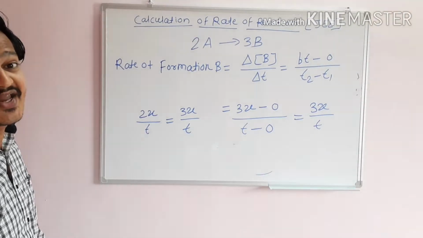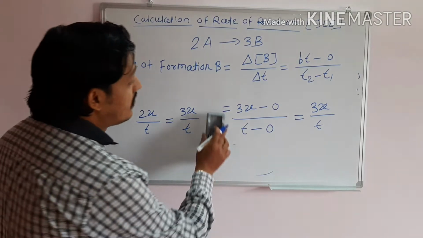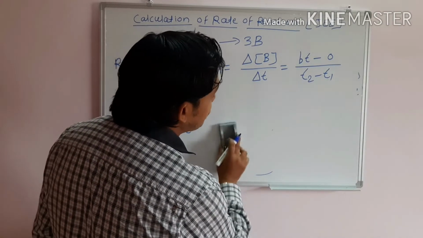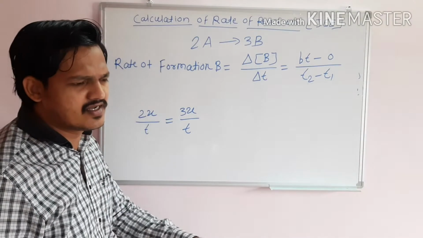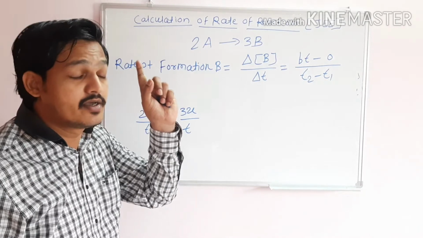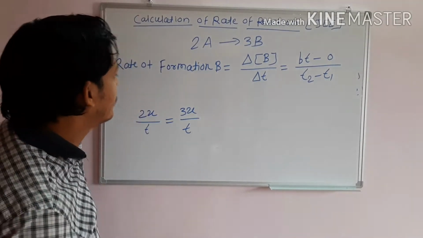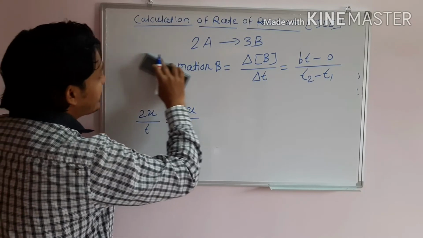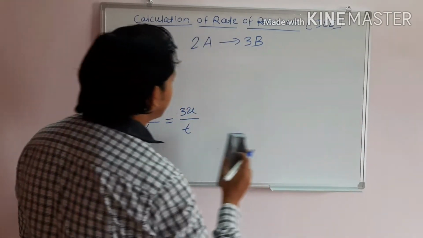We have to rearrange the equation, because the average rate of reaction is always equal. Rate of consumption of reactant is equal to rate of formation of product. So we have to change the equation or multiply by something.